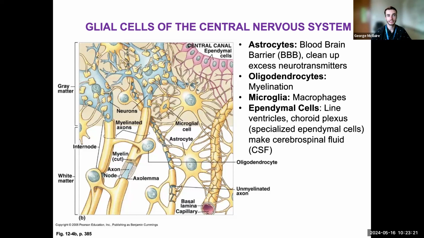So in your central nervous system, a majority of the fluid that is making up essentially the ground substance of our nervous tissue is your cerebrospinal fluid, which is somewhat similar to the plasma of your blood, the fluid of your circulatory system, but it is unique. Right? It does have different concentrations. And the astrocytes are responsible for keeping that cerebrospinal fluid separate from the fluid of our circulatory system.